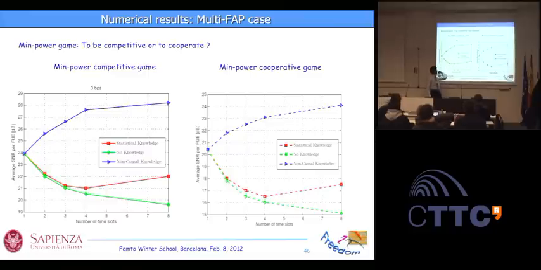But what you observe here is that it doesn't make much sense to increase too much the number of time slots, even if you are estimating these transition probabilities, because beyond a certain point you are not going to improve. Actually, you are going to have a loss just because of your estimation errors. So it's better not to exaggerate in allocating power across too many time slots, just because we don't know the future, right?